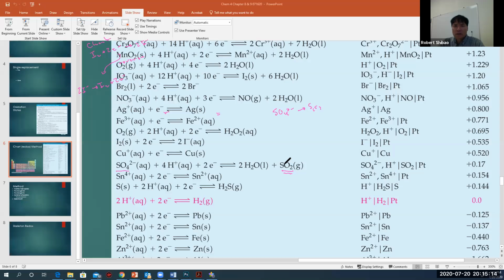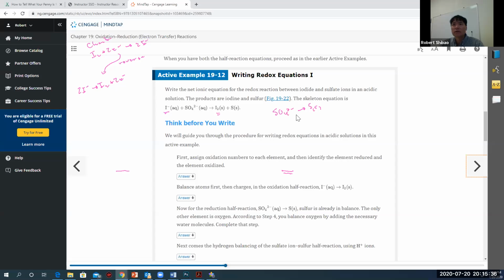But sulfur dioxide is a very common product. We can do partial oxidation to just elemental sulfur instead. So it's under different conditions. This sulfate we can't get off the chart because it's a different half reaction, sulfate going to sulfur dioxide. So we have to figure it out.